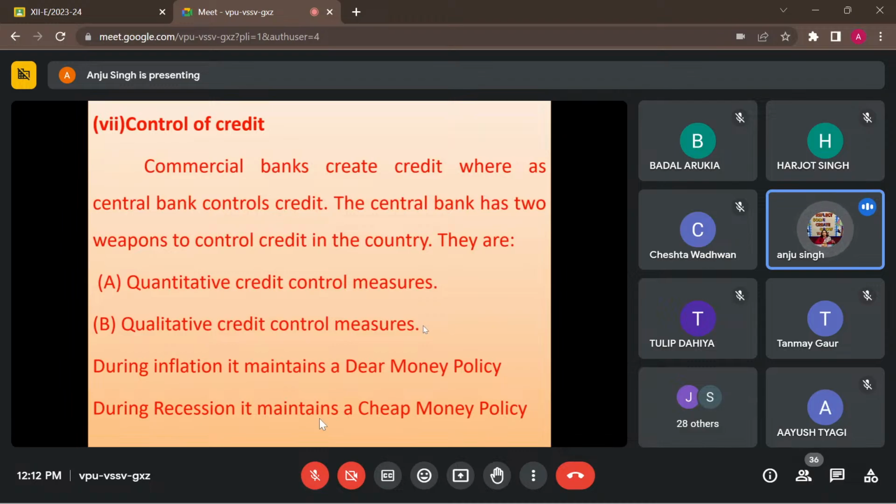Cheshta, what is your answer? Ma'am, qualitative. Qualitative. Anybody else? Should we include margin requirement as qualitative or quantitative? And Cheshta, why do you say qualitative?